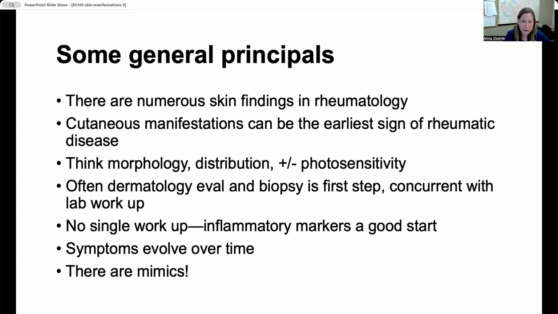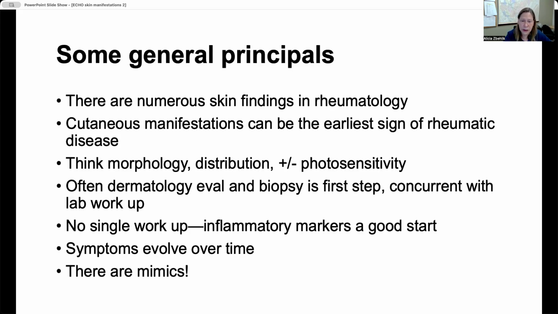There are numerous skin findings in rheumatology. We get consulted frequently for rashes, and they can be the earliest signs of rheumatic disease. So it's always important for us to be checking the skin in addition to the joints and other parts of the physical exam. Think about if you have to describe a rash to someone, now we use a lot of pictures, but just thinking about the morphology of the rash, the distribution on the body.